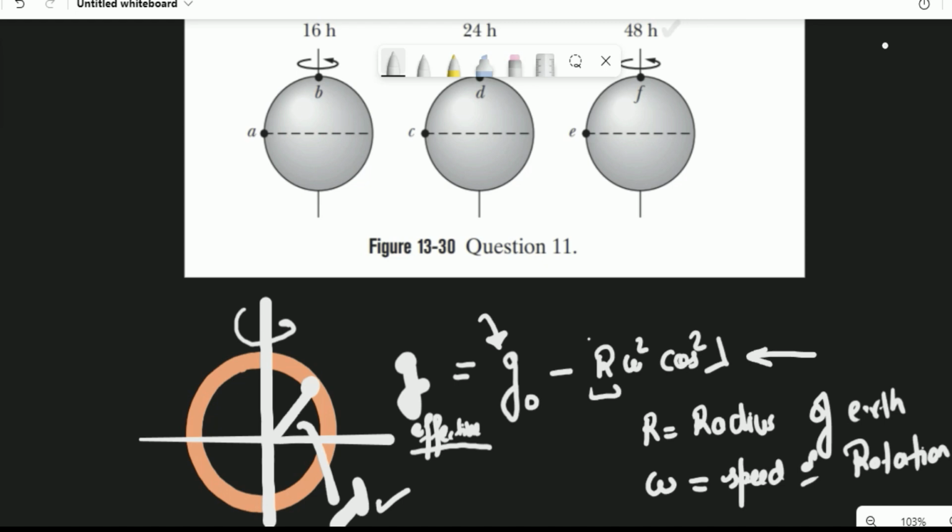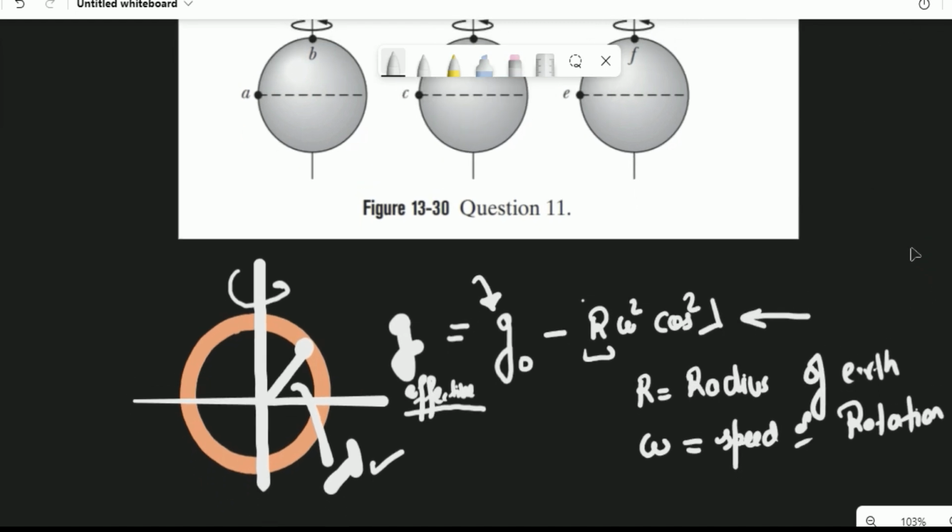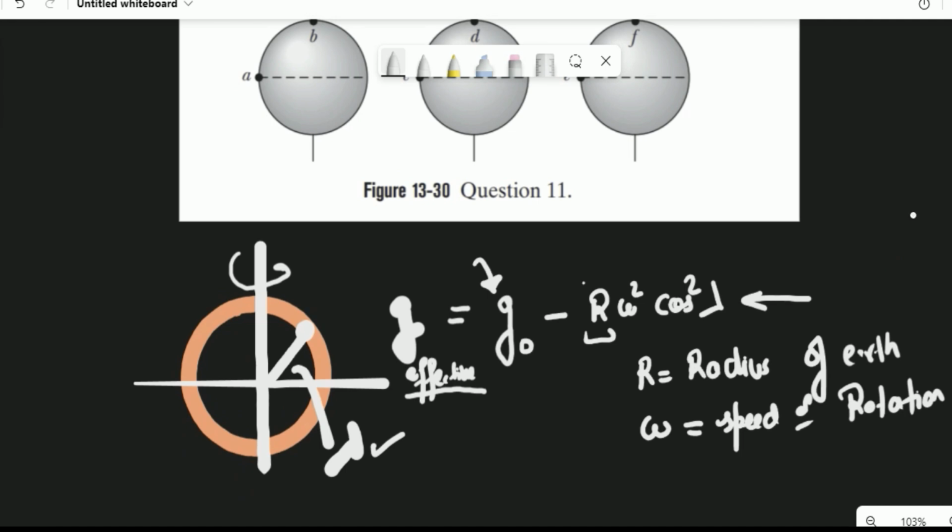The second thing which you need to understand is, since lambda can be varying, if lambda is equal to 90 degrees, which means you're at the pole, lambda is being measured like this, and goes from here to here.